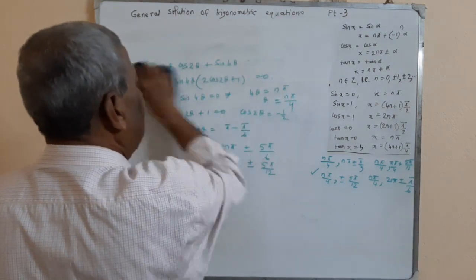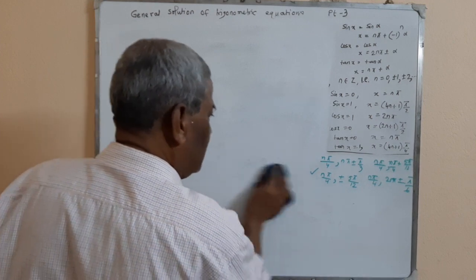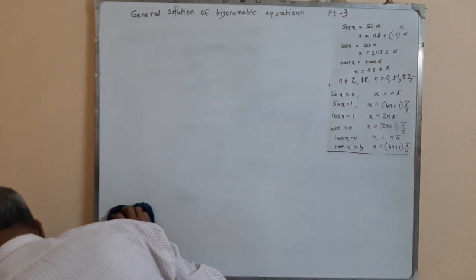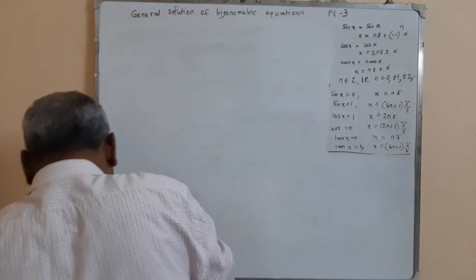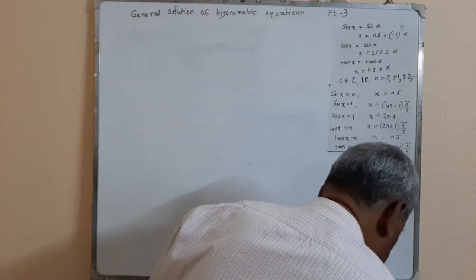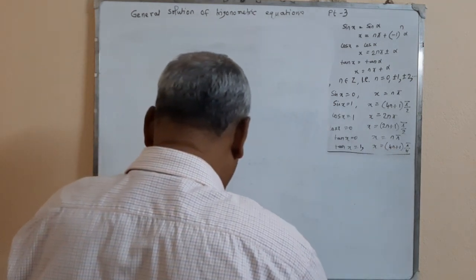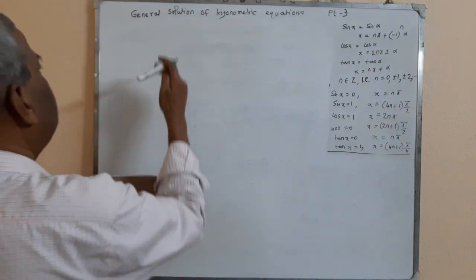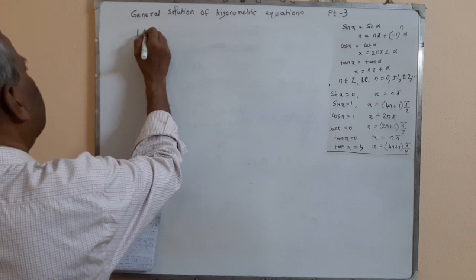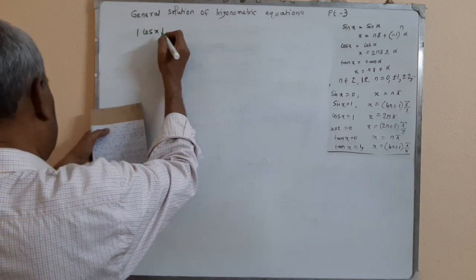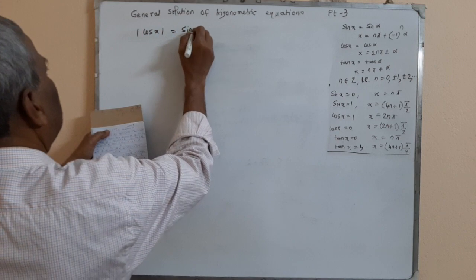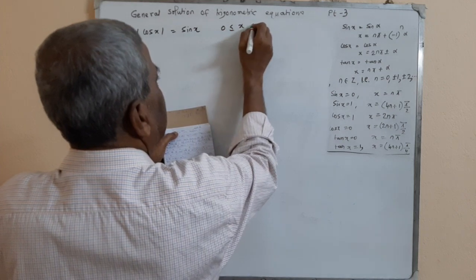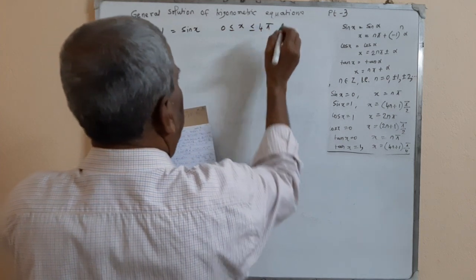Now next problem. Number of solutions of |cos x| = sin x in 0 ≤ x ≤ 4π.